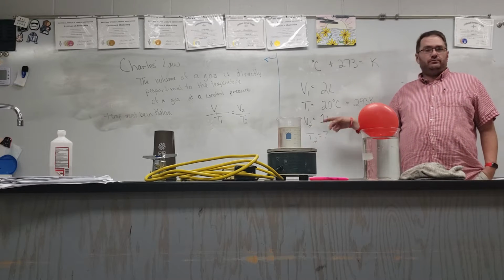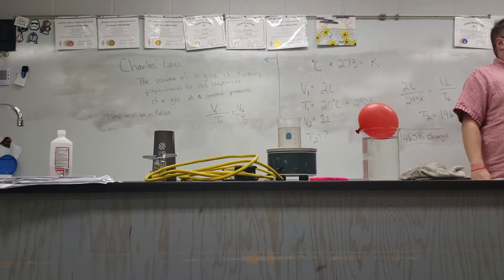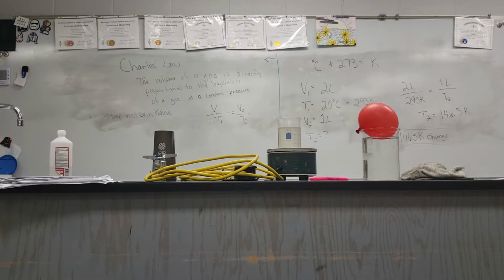Final volume is 1 liter, and we're looking for the final temperature, right? So you put it into your formula, 2 liters over 293 Kelvin equals 1 liter over T2. That solves for T2 as 146.5.